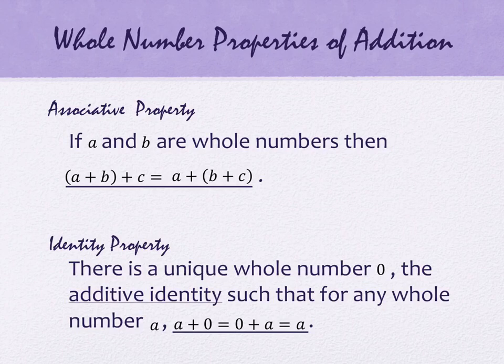So this gives us a lot of freedom in being able to just change the ordering of things. And the last one is the identity property. This is the additive identity property. Please write that in. That may seem sort of obvious because we are in the additive section, but there will be a multiplicative identity property that we will do in section 3.4.